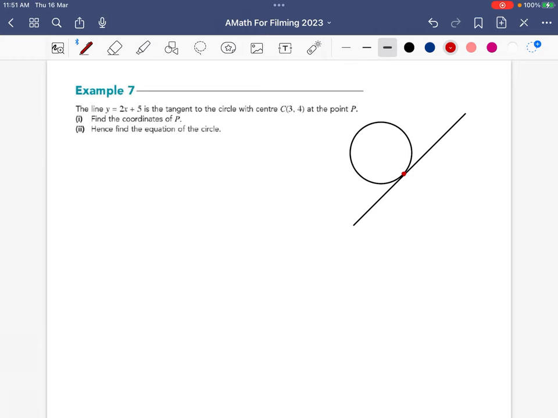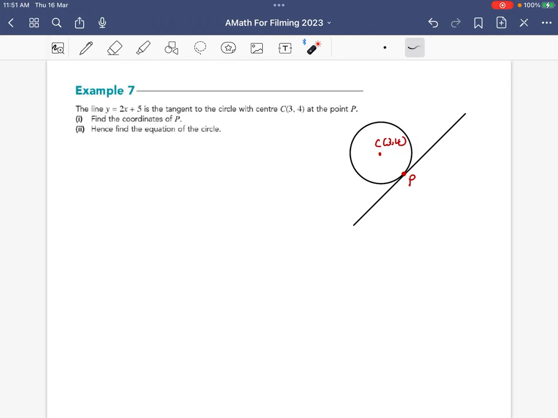Now, C and P: CP will be a radius. We know that C here is (3, 4), and P will be the tangent point, so this line here will actually be the radius.